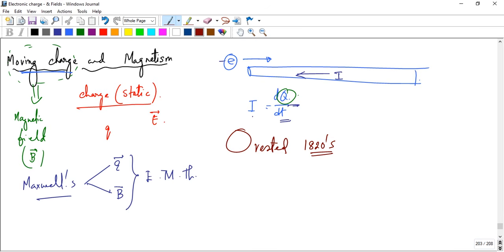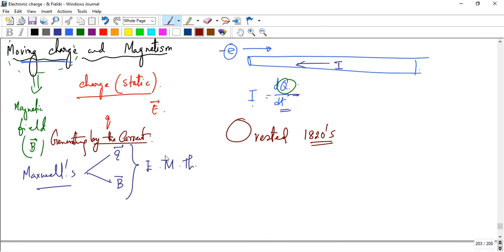So he concluded that the moving charge produces current and that current generates a magnetic field. Mainly, the magnetic field is generated by the current. Okay, so here the concept is clear.